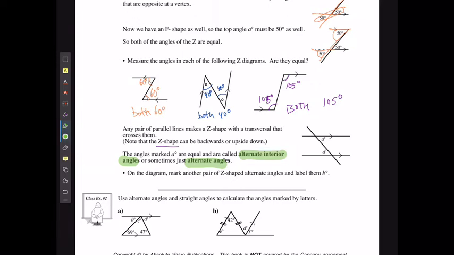So anytime we say alternate angles, it means inside of that Z shape. On the diagram, mark any other pair of Z-shaped alternate angles and label them B. Well, here and here are going to be the other Z shape.